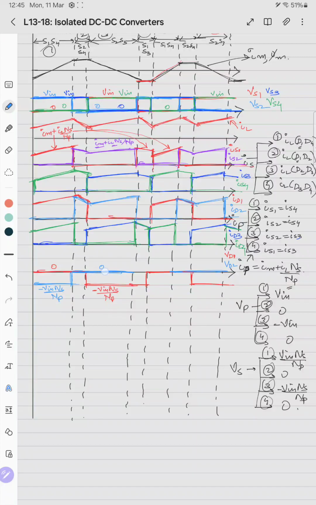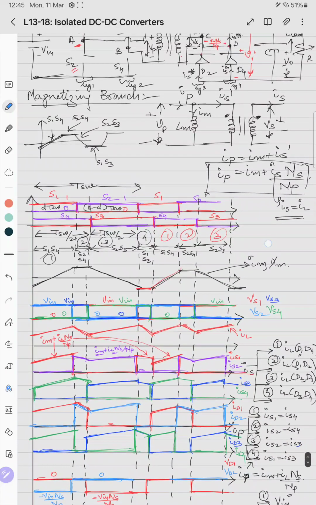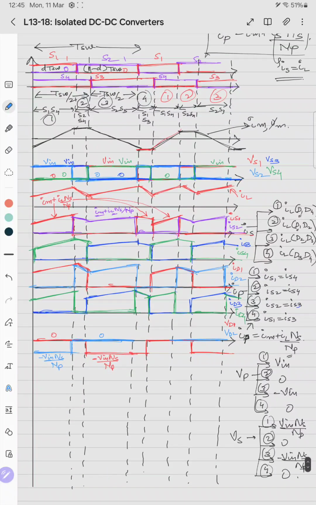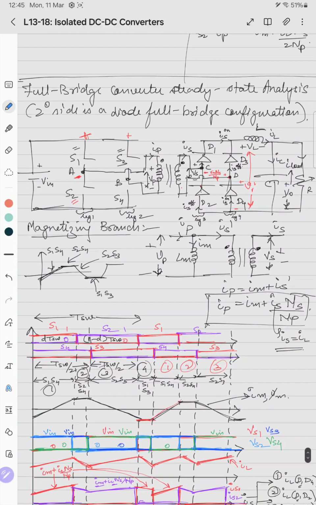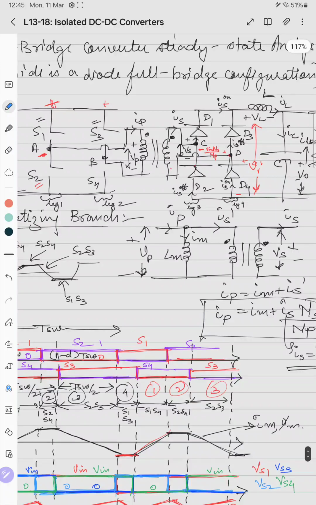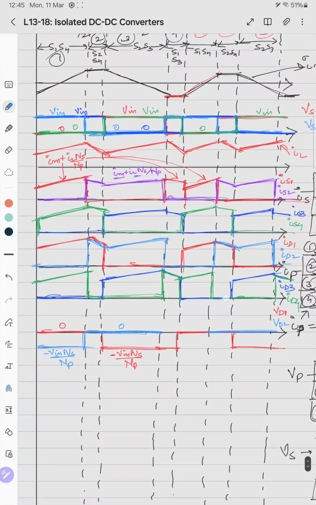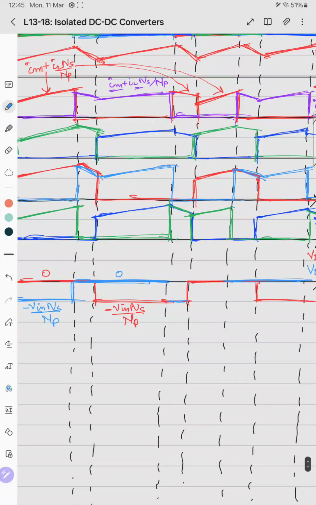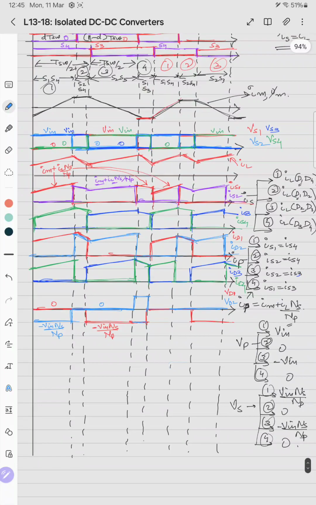In case number 4, the voltage across VD2 is again undefined, so we'll assume it is some value, but in this case VD1 plus VD2 should be 0. So if we assume that this is continuing for diode D2, this has to be plus, like this, and it continues.